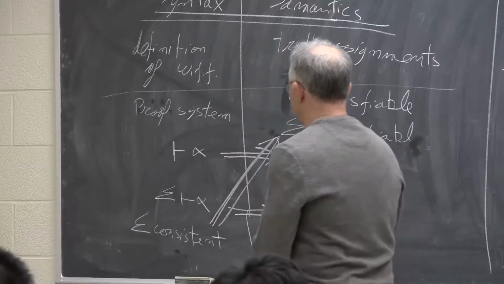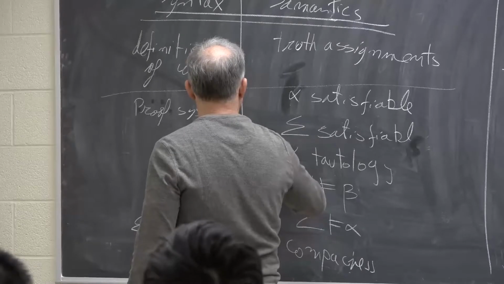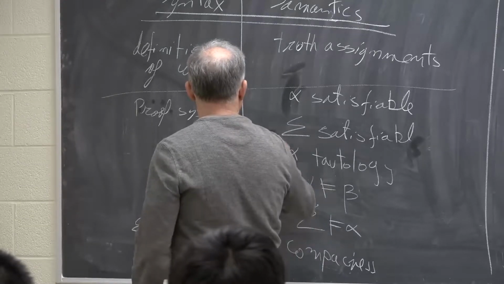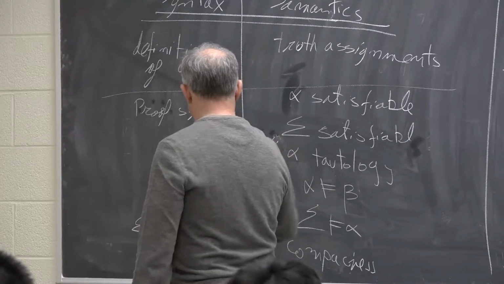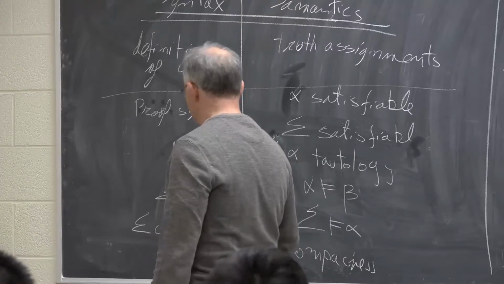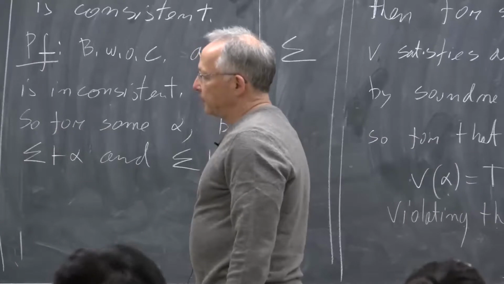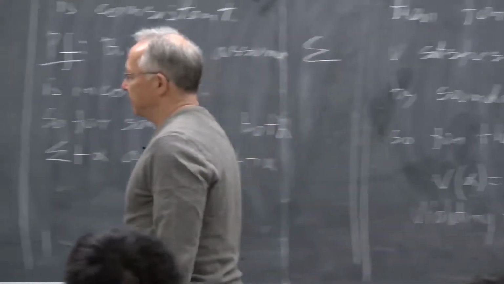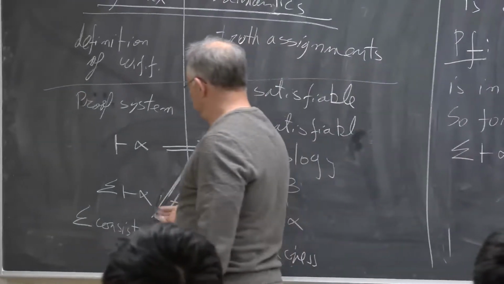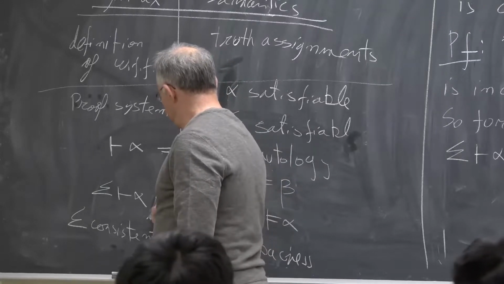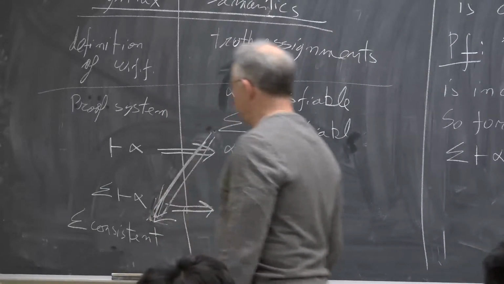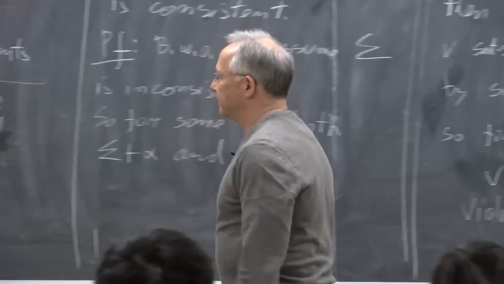No. Don't let me fool you. I mean, catch me before I catch myself. Satisfiable implies consistent. That's what we showed. If it is satisfiable, it must be consistent. Satisfiable implies consistent.